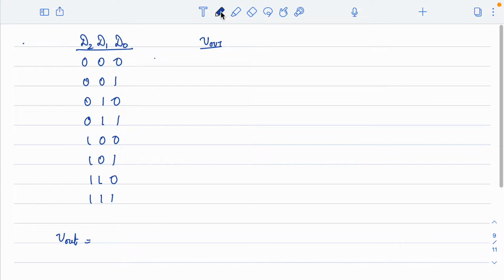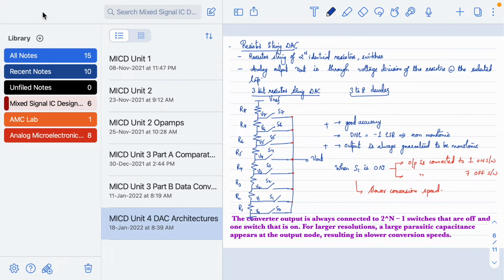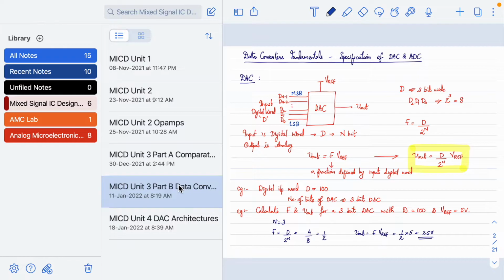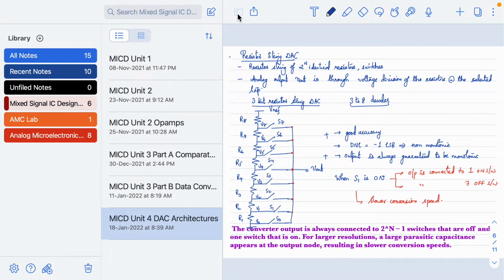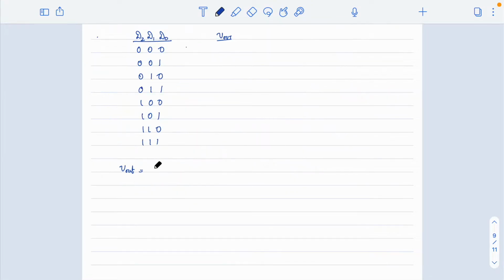The analog output voltage of a DAC is a fraction of the reference voltage, and the fraction is nothing but d by 2 to the power of n, right? So V out is d by 2 to the power of n into Vref.